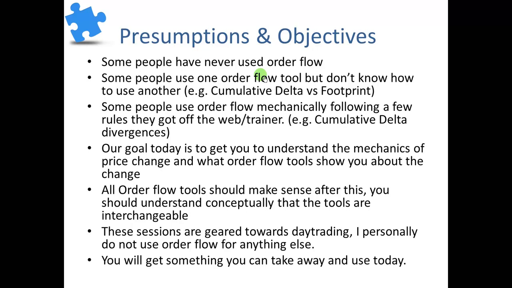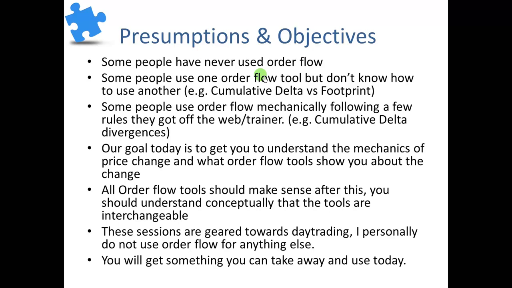First of all, we're going to look at the theme, the theory, the concepts or the principles behind all order flow tools. The goal is to remove any remaining confusion about the theories behind order flow. Why is this necessary?